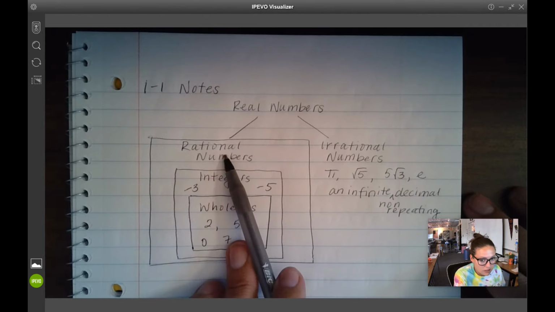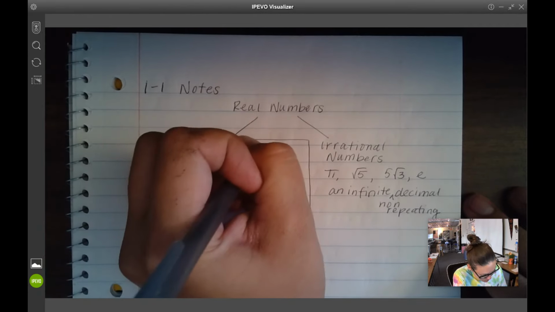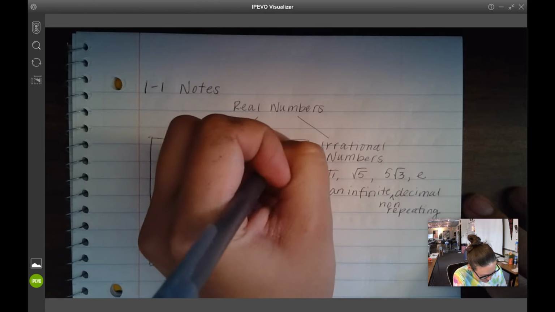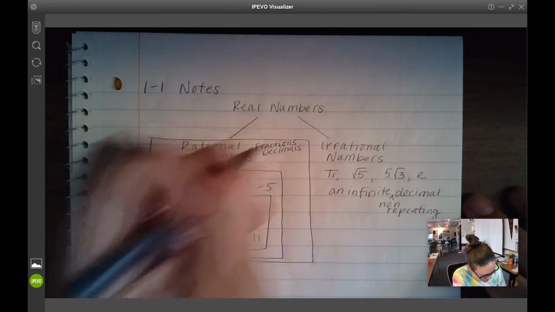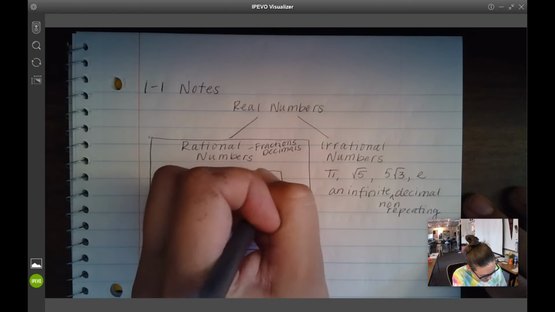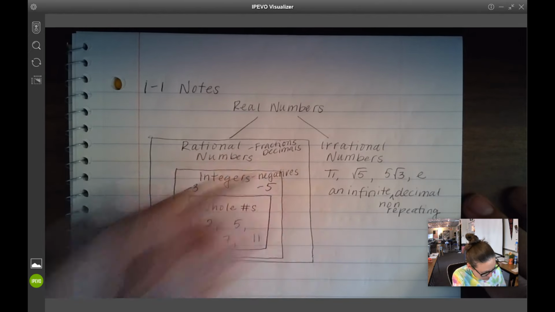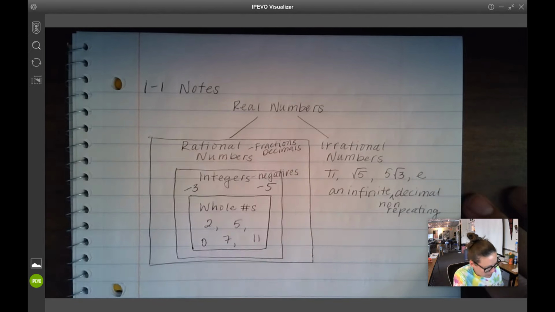Rational numbers are fractions or decimals, so negatives here. Fractions and decimals, so 2/3, 1/2, 0.5, 7/3.